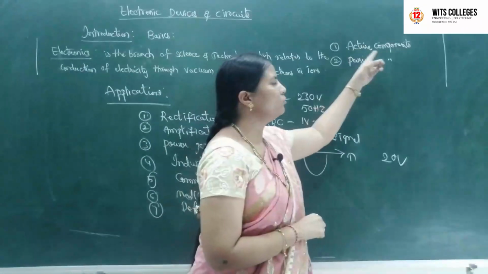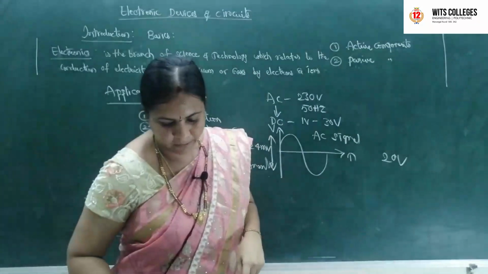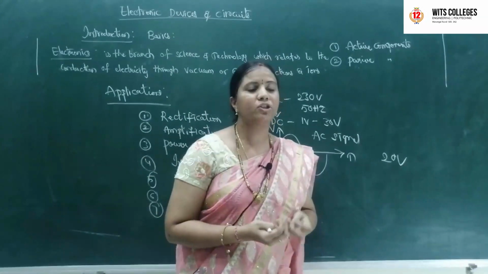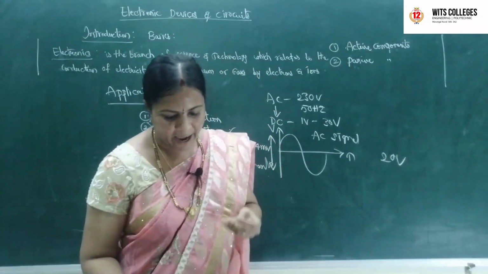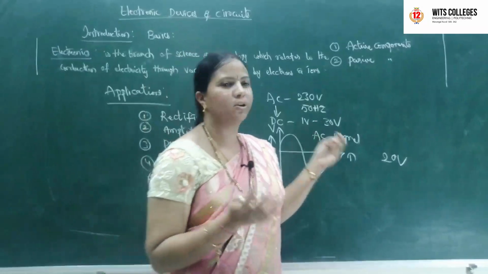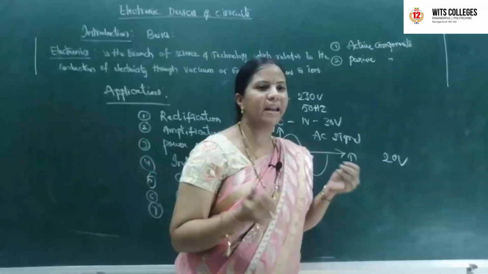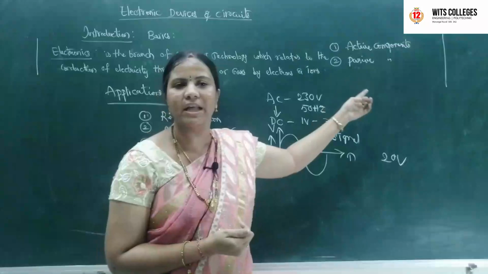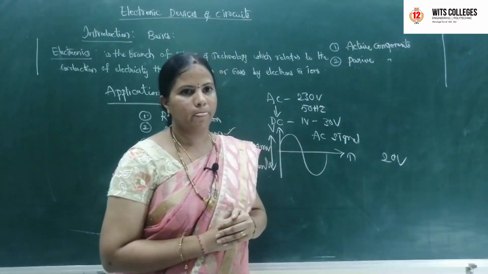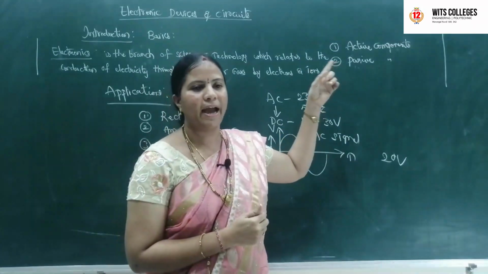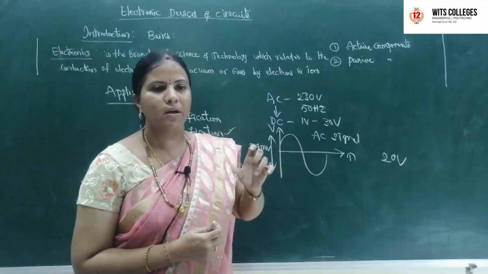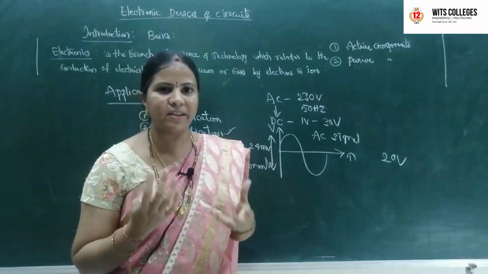So what is the active component? Active component is nothing but which is capable of amplifying and processing an electronic signal. So we can amplify the electronic signal by using the active component. That is the active component. Active components are those which are used to amplify the signal.